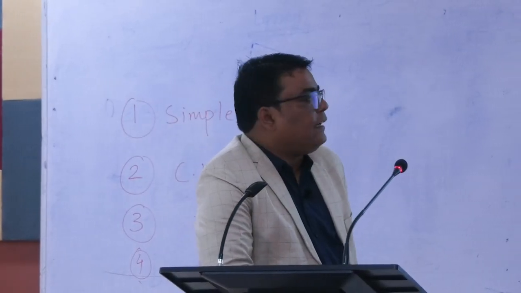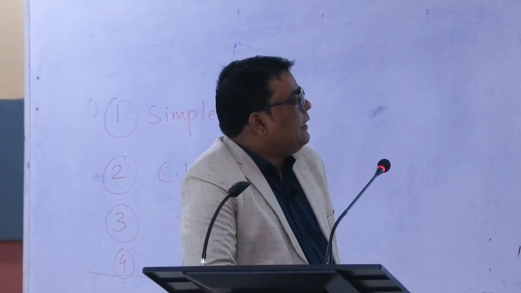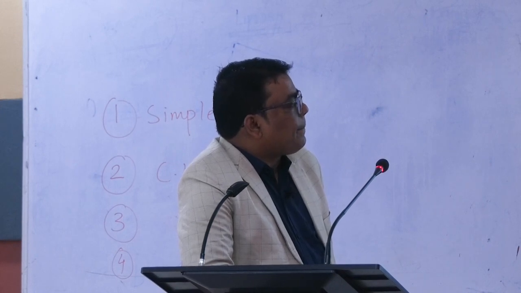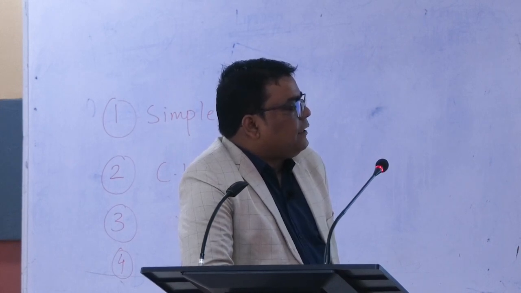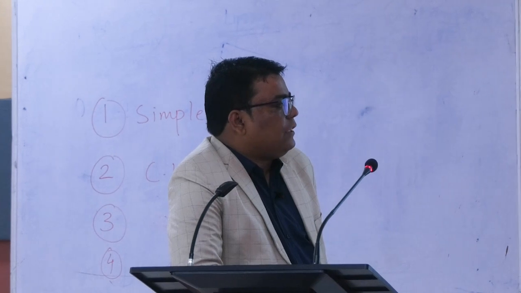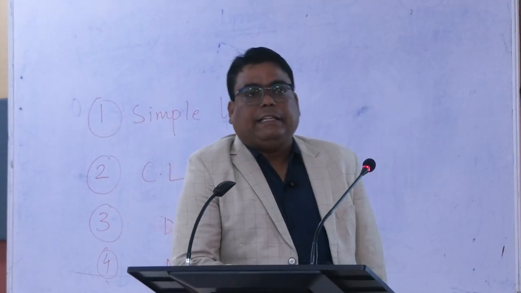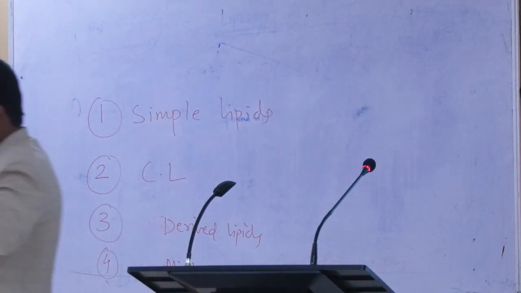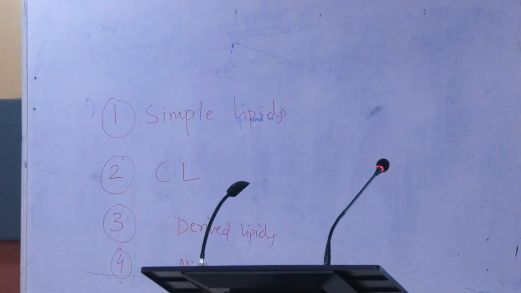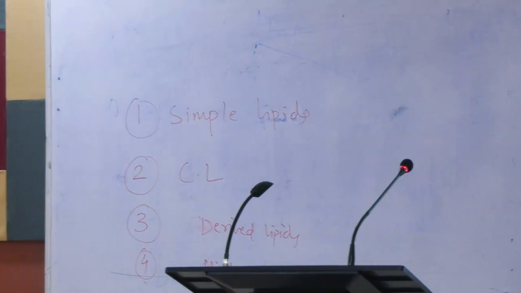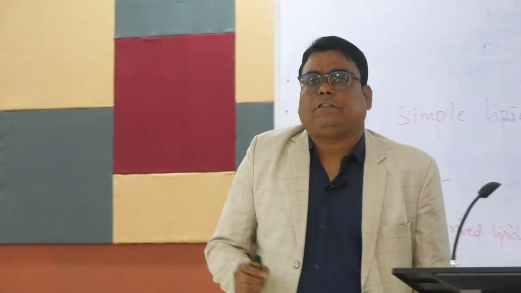Lipids or triglycerides, example are tripalmitin, second one is waxes, beeswax, lanolin, other waxes, cholesterol esters, retinol esters. All of you just keep in your mind the examples of both these classification molecules, because the question is asked in the university exam or in the class test: give the classification of the lipids with example.